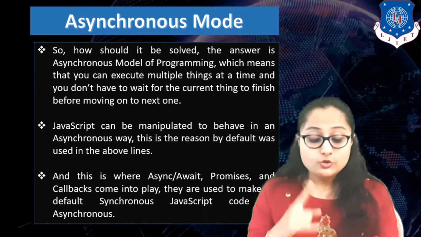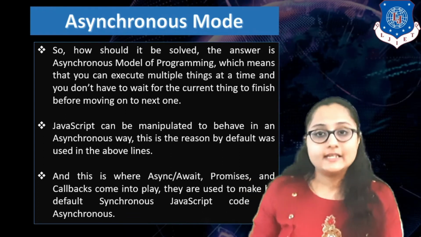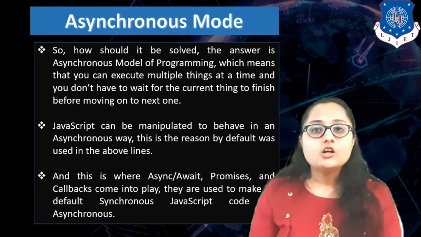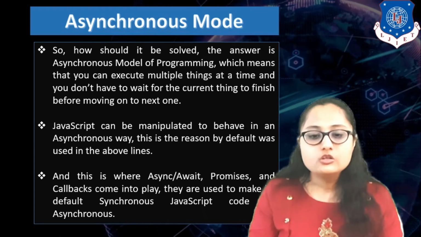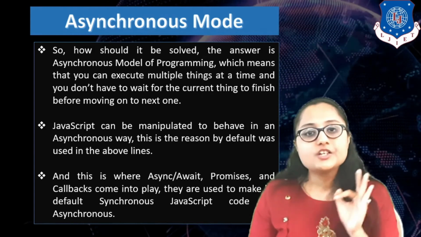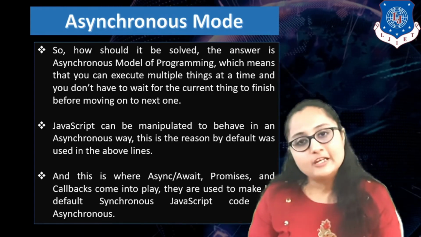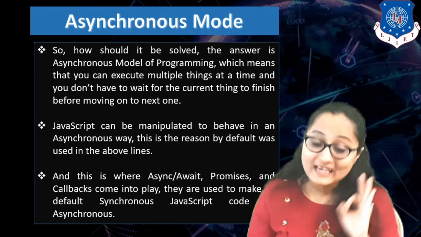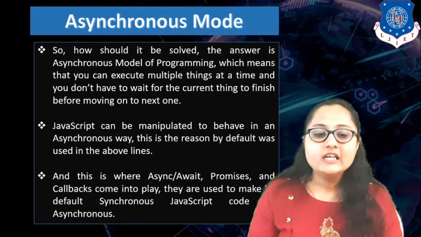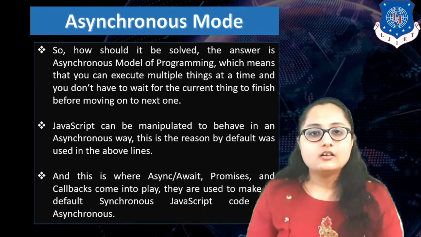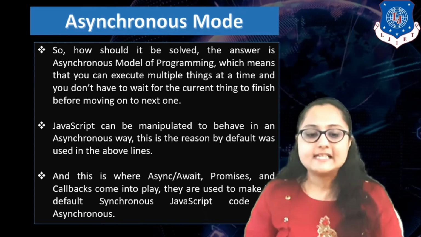which means you can execute multiple things at a time and you don't have to wait for the current code to finish before moving to the next one. Now, can JavaScript be manipulated for this asynchronous mode? Yes, JavaScript can be manipulated to behave in an asynchronous way, and that is the reason we are learning this asynchronous mode.